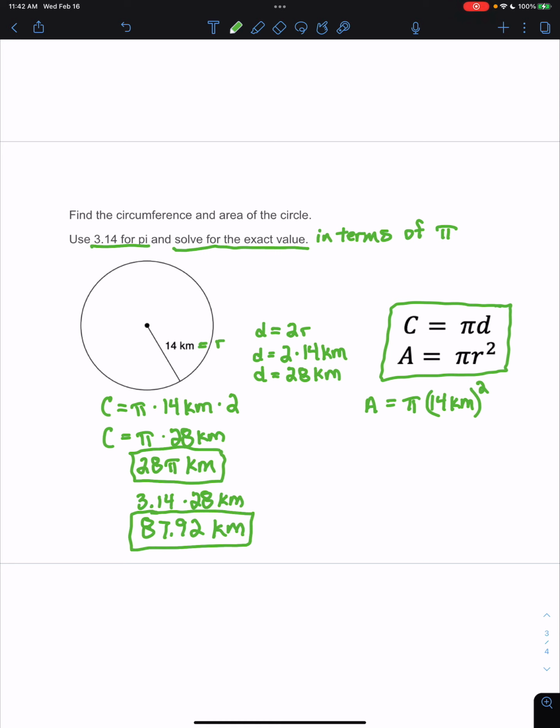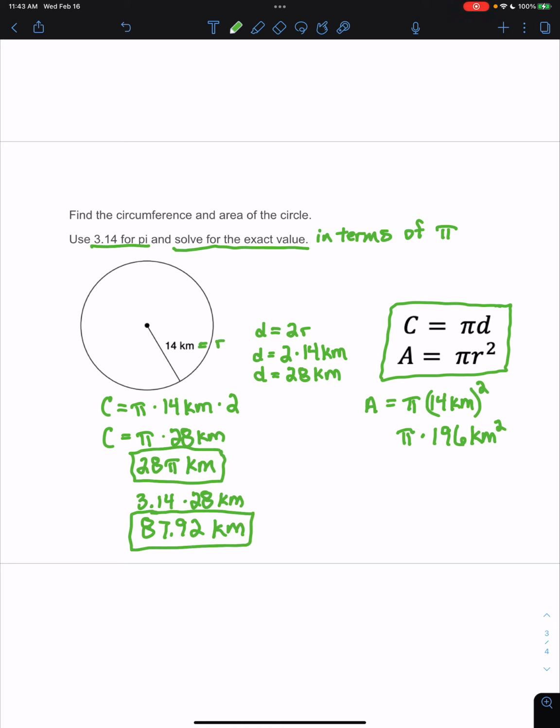So remember that. So here I could say pi times, let's see, 14 squared is 196. So pi times 196 kilometers squared is going to give me my area.